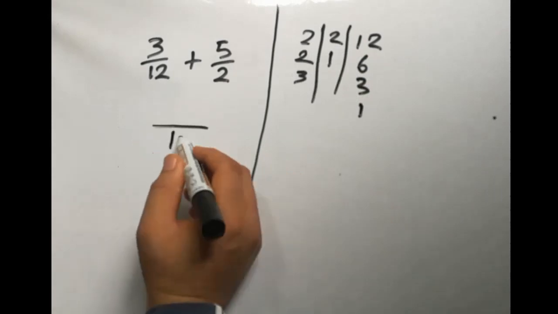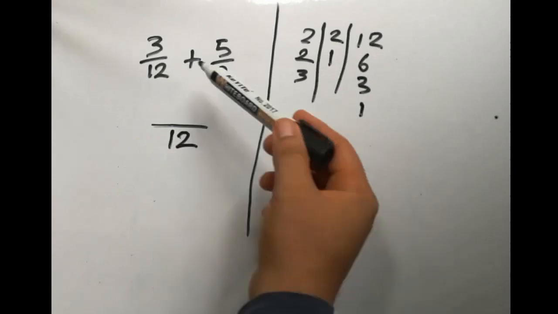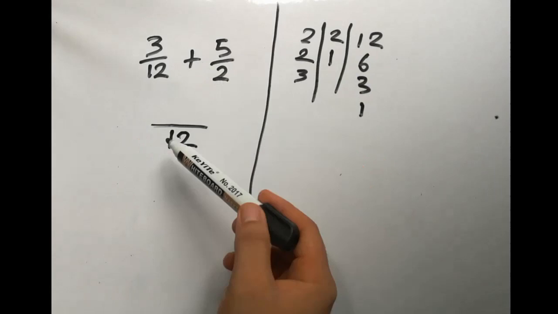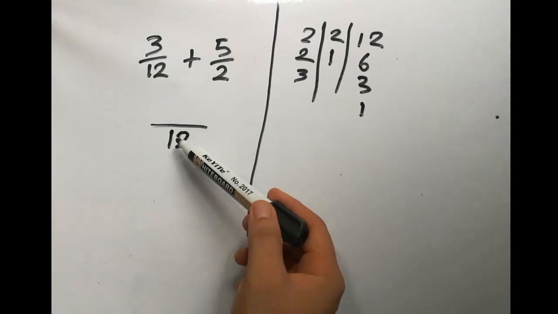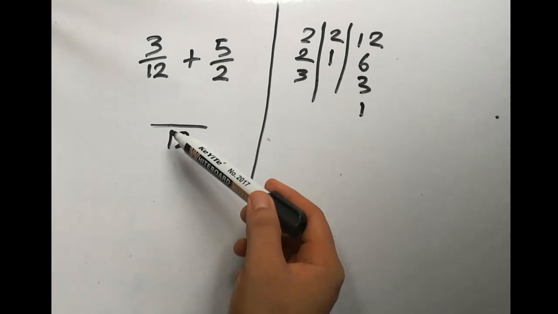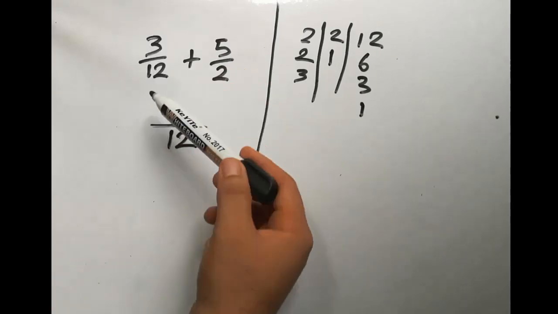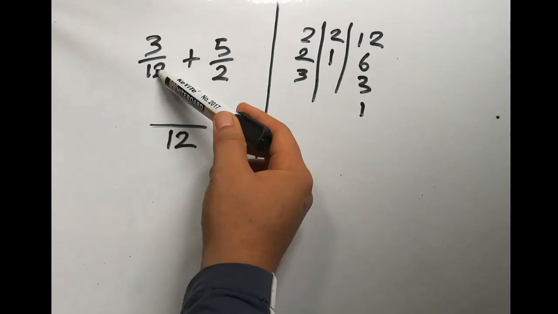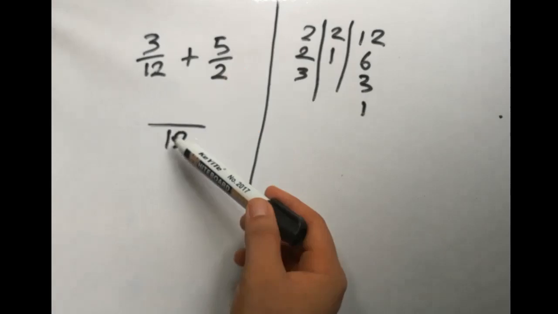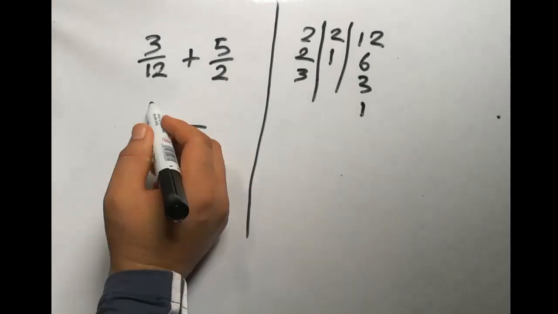12 becomes the new denominator. Now what you do is you take each of the denominators to divide what you've gotten from your LCM, which is the new denominator. Whatever you get after dividing it, you use it to multiply the numerator, and then you bring it down here. So if I do 12 divide 12 will give me 1. 1 times 3 will give me 3.